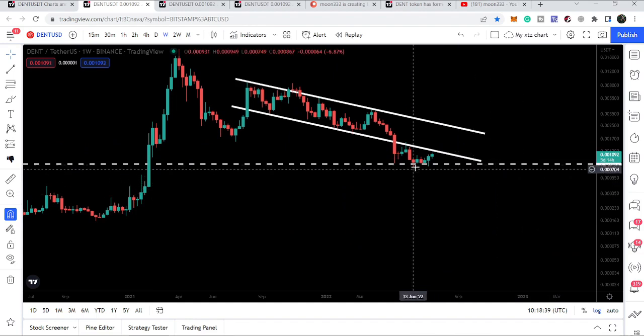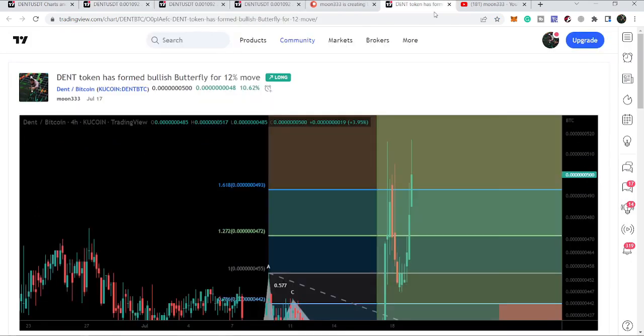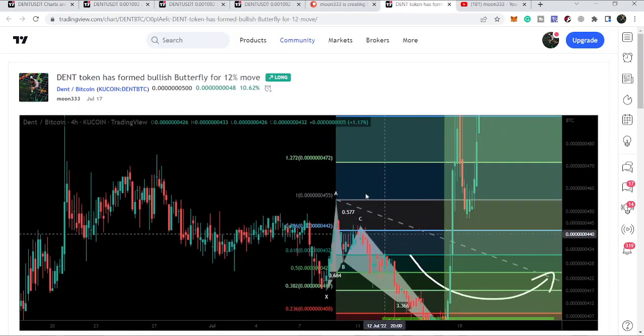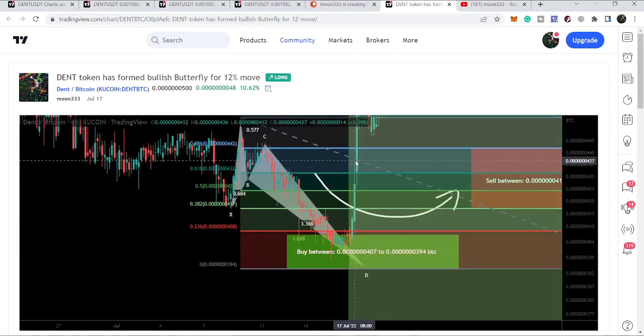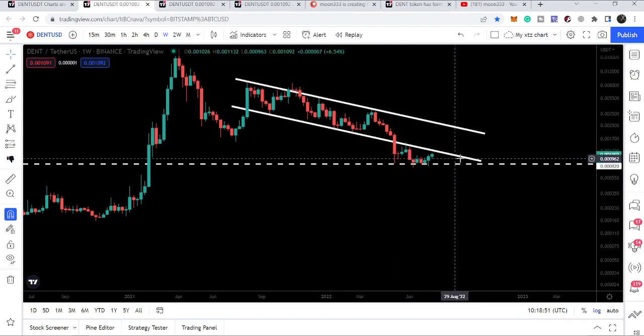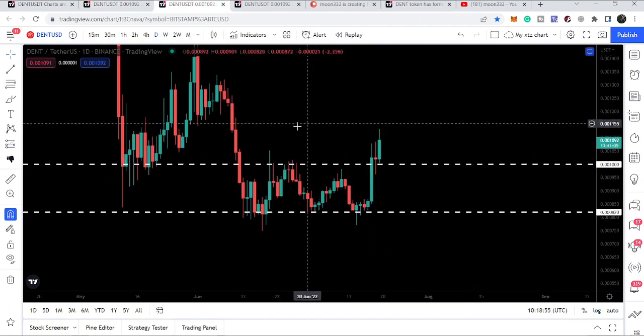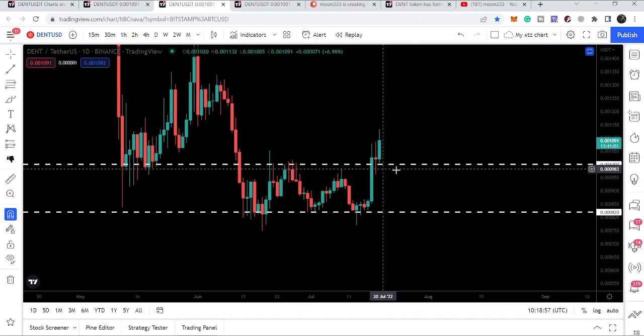And while moving here at this key support, DENT token also formed this bullish reversal setup on the 4-hour time frame chart, and after getting reversed from here, you can see it also bounced from this support of $0.000820.